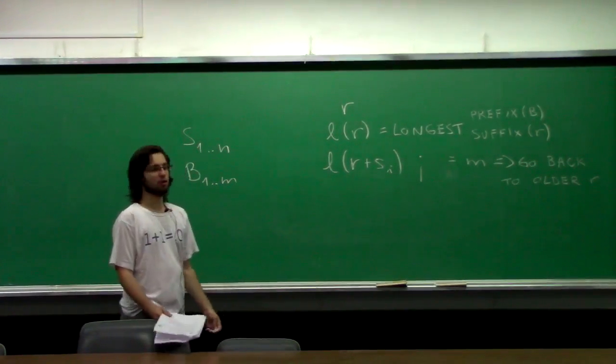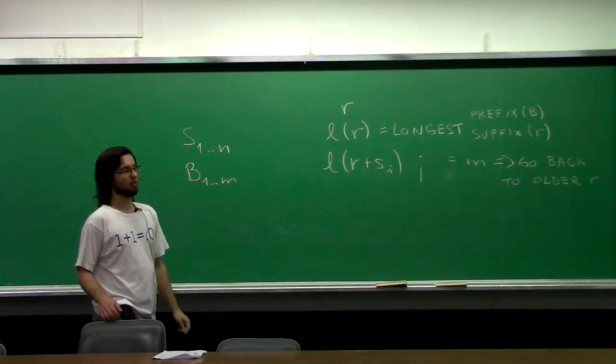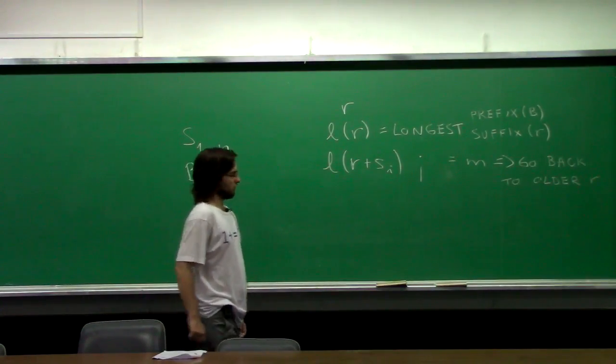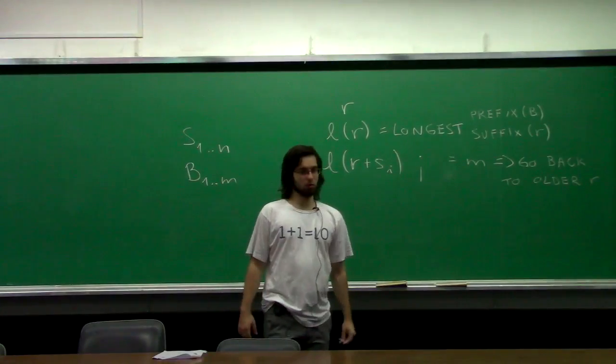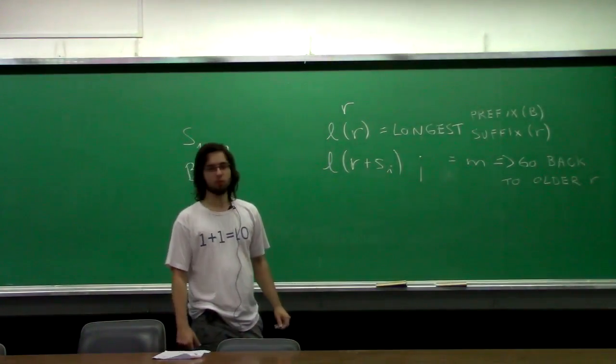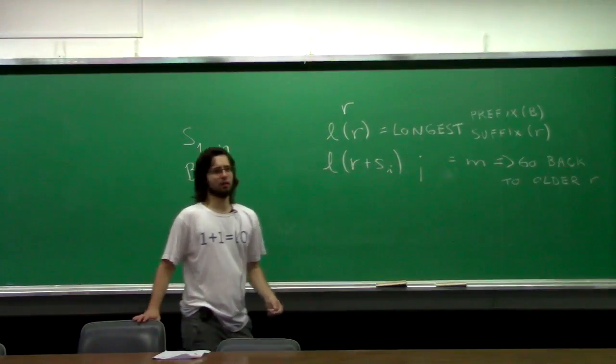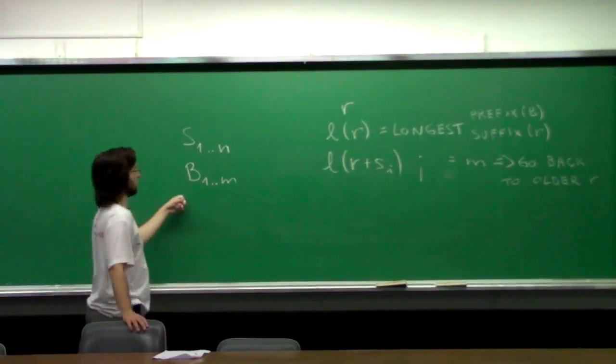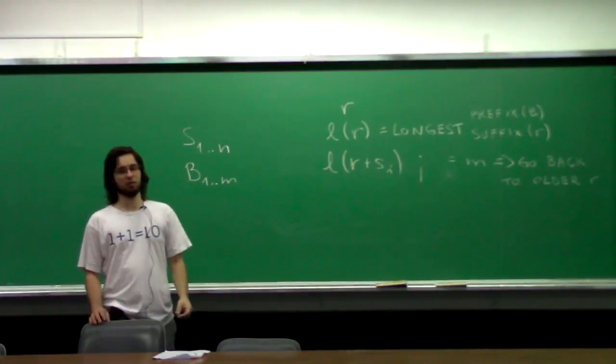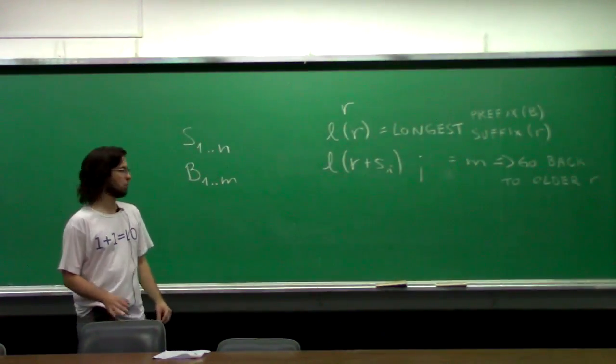Actually, in this problem, m was up to 1000, so it was even easier to pre-compute some. What we pre-compute in KMP are, for each prefix of B, the next prefix of B that ends at the same position.